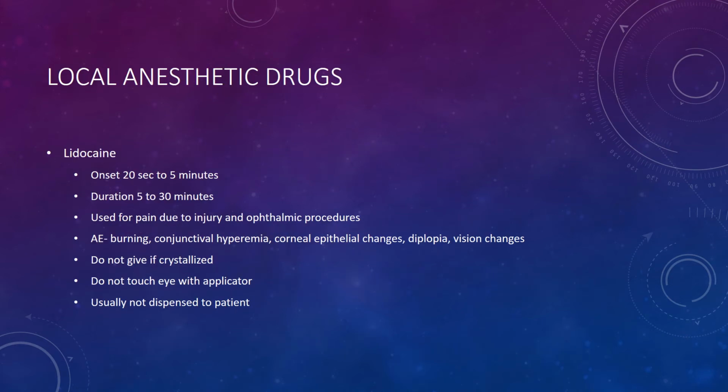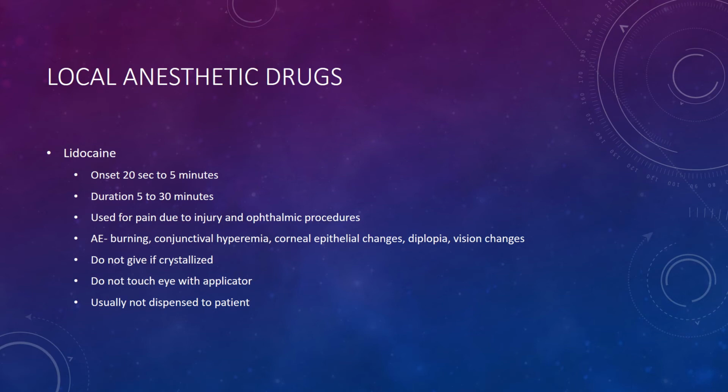Local anesthetic drugs, lidocaine, quick onset. Now remember, with lidocaine, it's got the "caine" on the end of it. So Novocaine, you should think of that as an anesthetic. It numbs things up. But you may hear people say they're allergic to Novocaine. So again, we have to look at allergies for this.